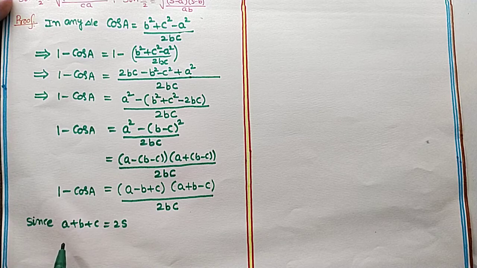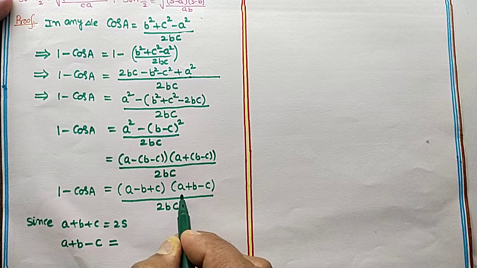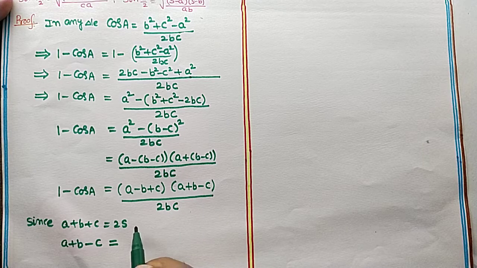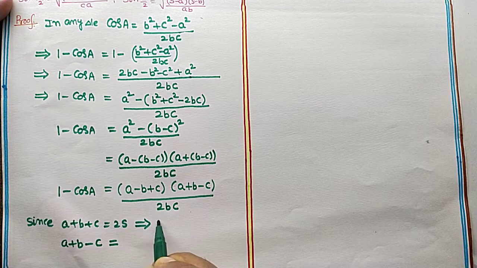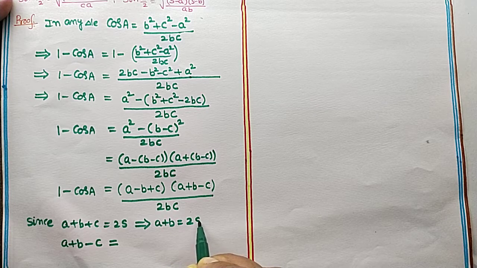Taking a plus b as the subject, we get 2s minus c.